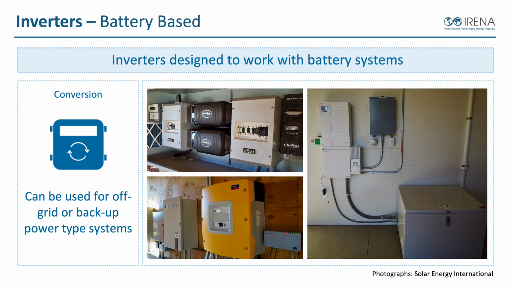So these types of battery-based inverters are designed for either off-grid, standalone type systems, or backup power type systems like uninterruptible power supplies, UPS systems, where if the utility fails, we run on backup power from solar and batteries. The utility comes back and we resynchronize. So battery-based inverters have a very specific application, but they're different equipment. We can also use some of these battery inverters for things like microgrids as well.